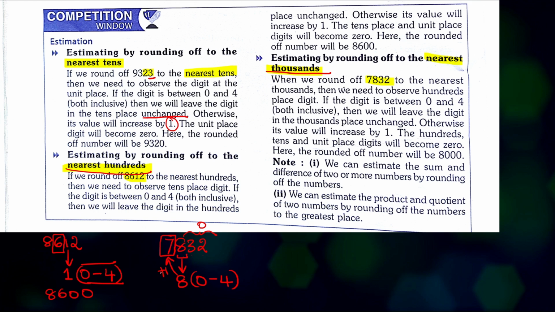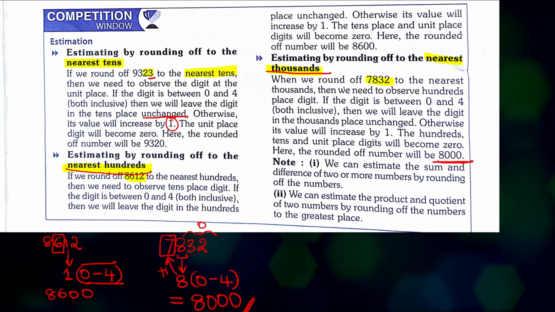Because it is not in the range of 0 to 4, we have to add 1 to the thousands place. So 8 plus 1 is 9... and the rest, all the 3 digits, will become 0. So you will get the rounded number.